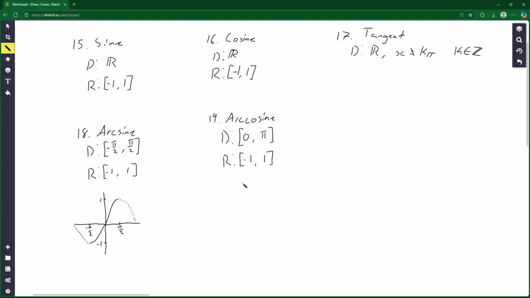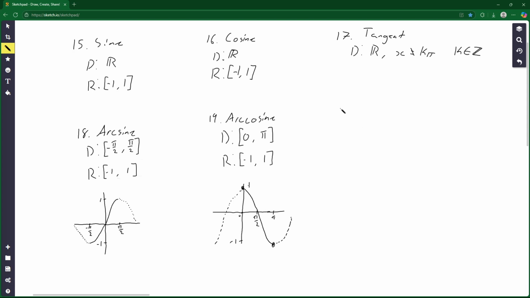That's about it for that. If you draw a tiny little graph, you'll see that this intercepts at pi over 2, ends at pi, starts at 0. So we only get pi and 0, which is where we get our domain, and then it's 1 and -1.